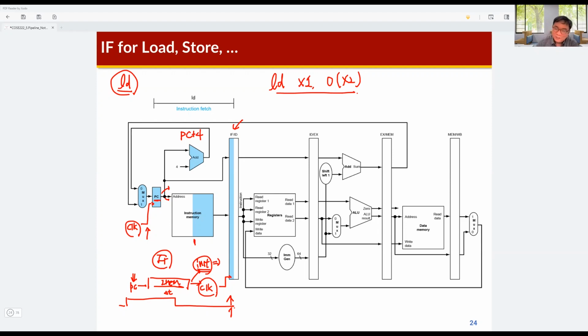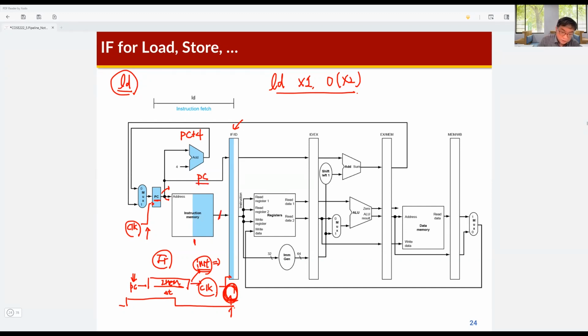Okay, this is the instruction fetch stage of the load instruction, and then it's done. The instruction fetch stage is done. So what data is sampled by the rising edge of this clock? This data and the PC.